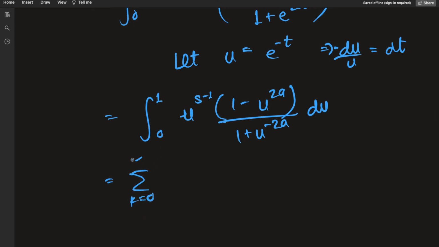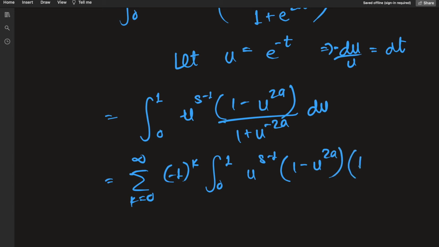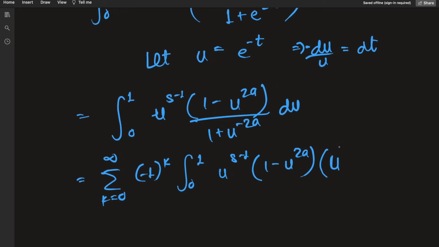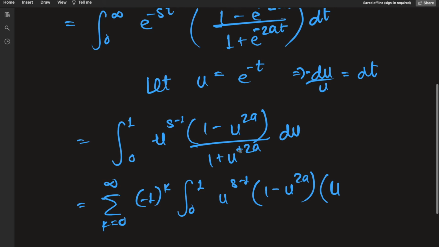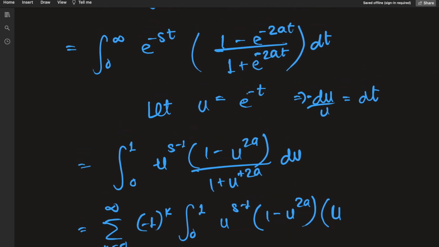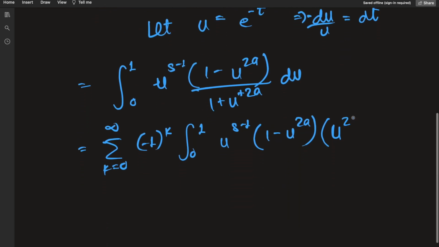Sum from k equals 0 to infinity of minus 1 to the k because there's a plus over here, integral from 0 to 1, u raised to s minus 1 times 1 minus u raised to 2a, we have u raised to, I think this will act as a positive power because of this substitution, my bad, 2ak du.